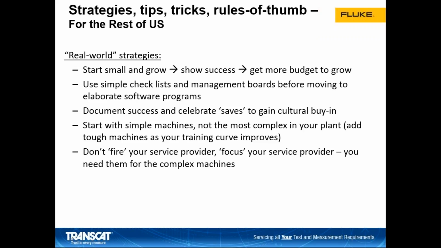Why haven't you got any results yet? So what I've found to be successful working with customers is start small and grow. Start with 20 or 30 machines, show success, wave your flag all over the place, and before they get a chance to say, what have you done, you've already got some results. You can then get more budget and grow the program.